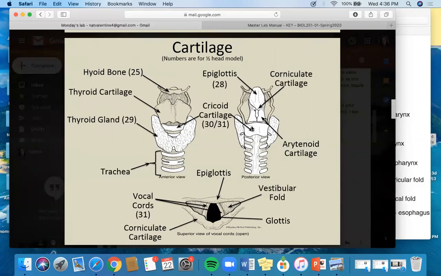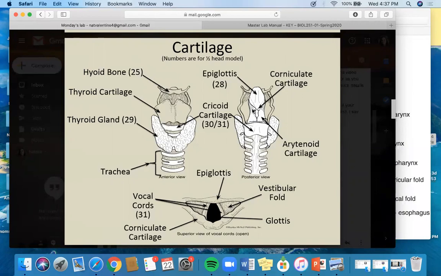Right here, we have the thyroid cartilage, which gets its name from the thyroid gland here. It's that really large, smooth looking cartilage on the anterior view. Over on the posterior view, we have the arytenoid cartilage, which are these larger triangles that sit on top of the cricoid cartilage.